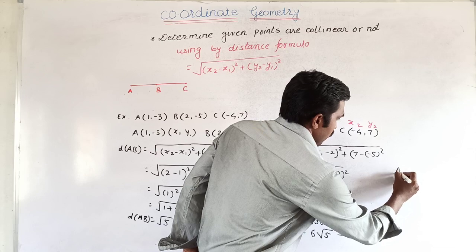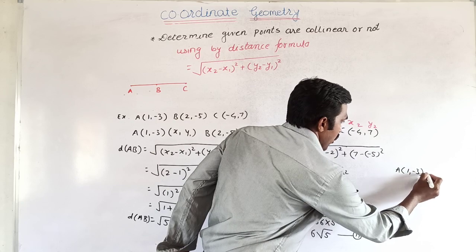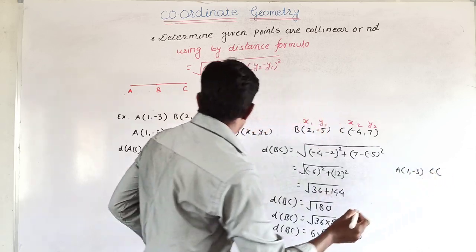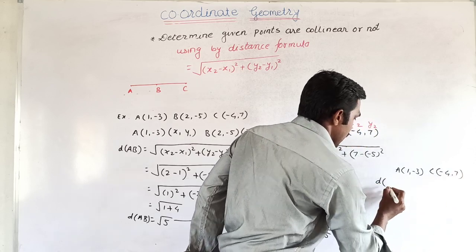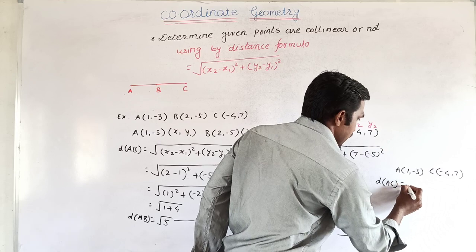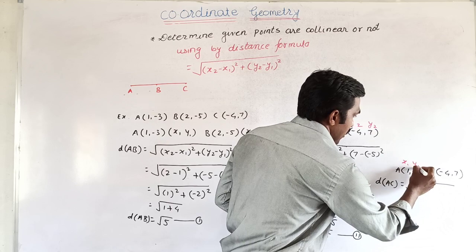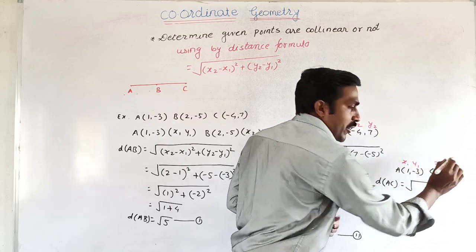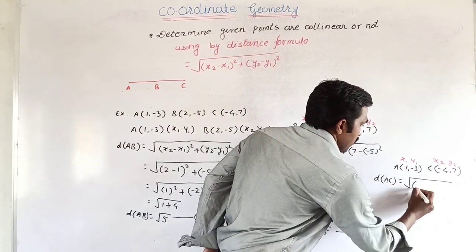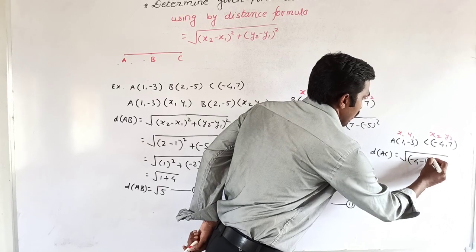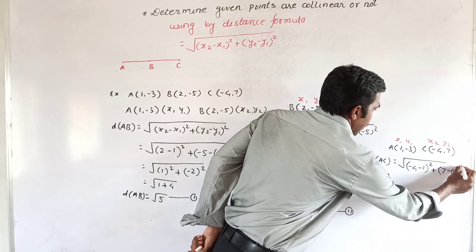Now calculate the distance between AC. Point A is 1, 3, point C is 4, 7. Now using the distance formula, distance AC is equal to root, you know the values of x1 and y1, x2 and y2. Now put the values in the formula: (4 minus 1) whole square plus (7 minus 3) square.